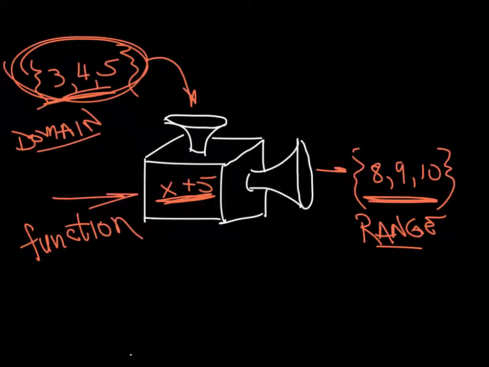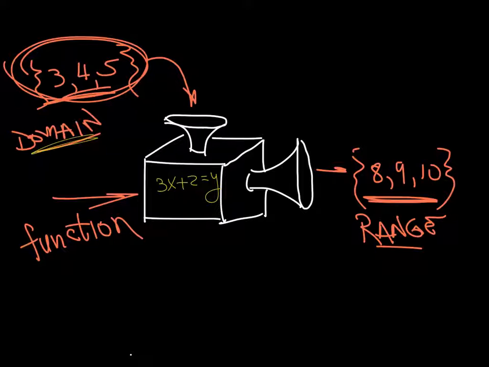So let's go ahead and, instead of using x plus 5, I need to get myself a smaller pen. Let's put in 3x plus 2 equals y. Same thing happens.